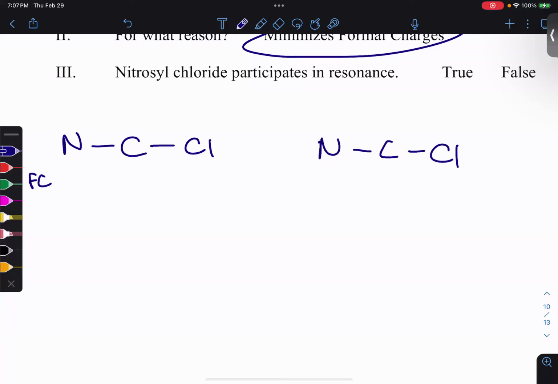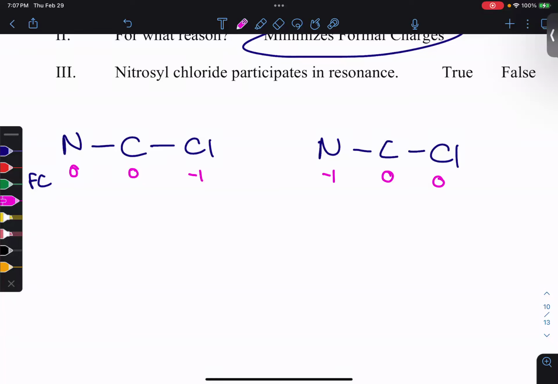Okay, we're just going to make up some compound. What if I told you the formal charges on these were 0 on the carbon, 0 on the nitrogen, -1 on the chlorine, or -1 on the nitrogen, 0 on the carbon, 0 on the chlorine?